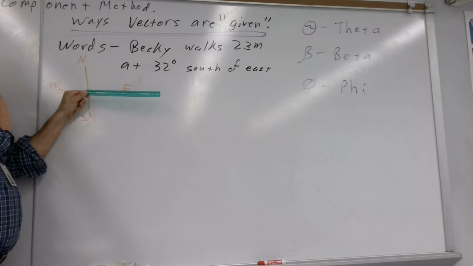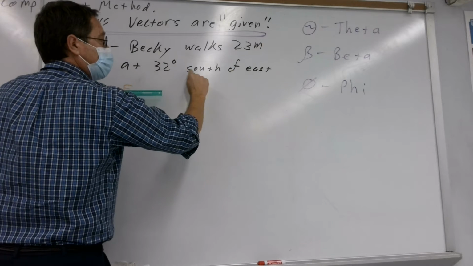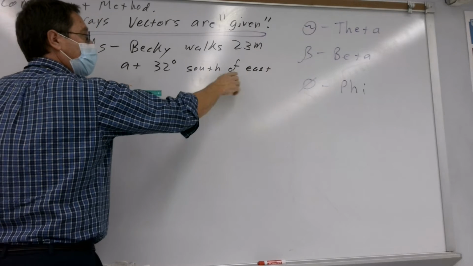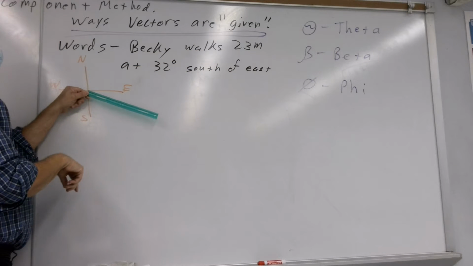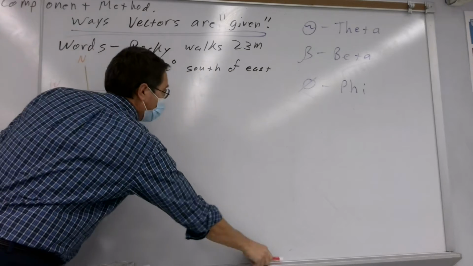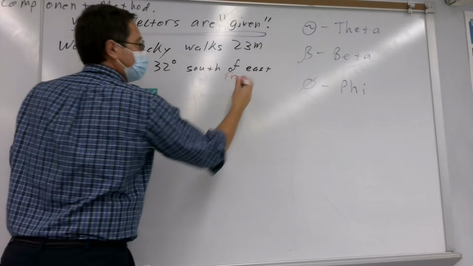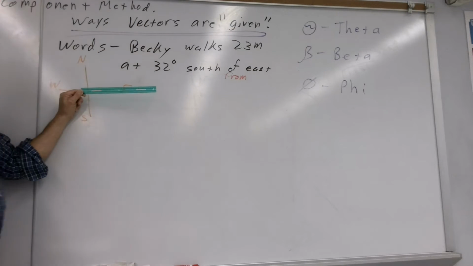Those are the typical ones. Now you go 32 degrees south, away from east. You rotate away from east and head towards south until you get 32 degrees. You can also exchange the word of with the word from. They write of, but it means 32 degrees from east.